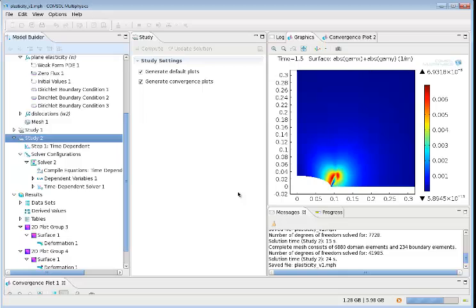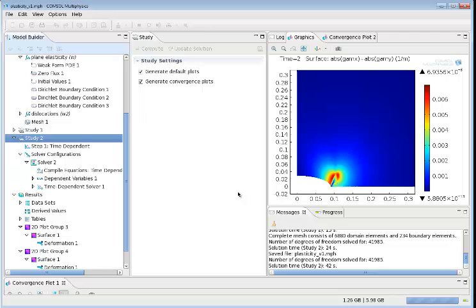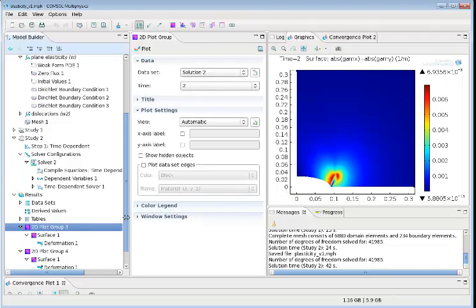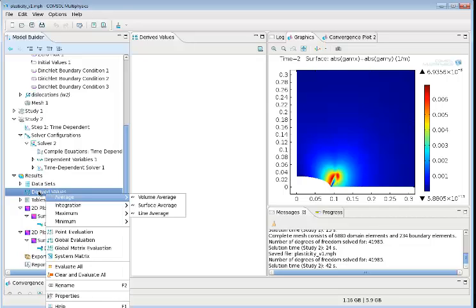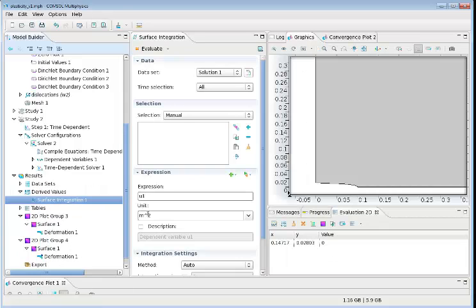So if you go to derive values and do integration, surface integration, pick our one and only surface, add it, and let's take gamma squared as a measure of dissipation, and now we evaluate.